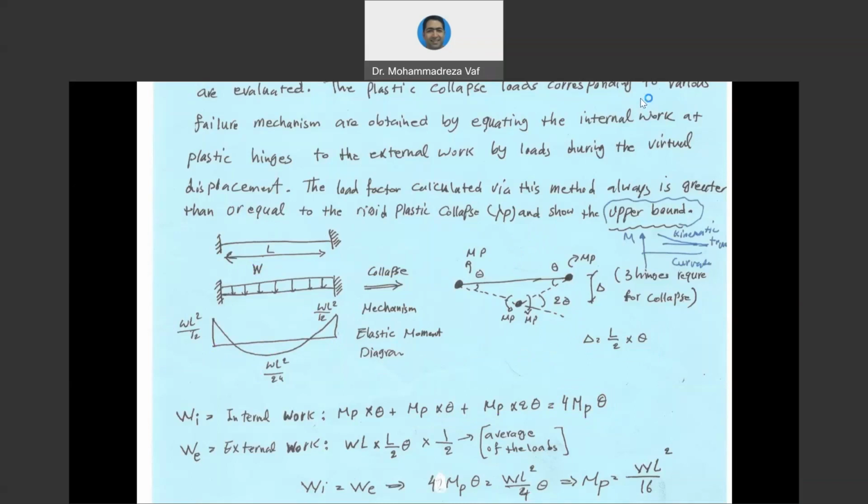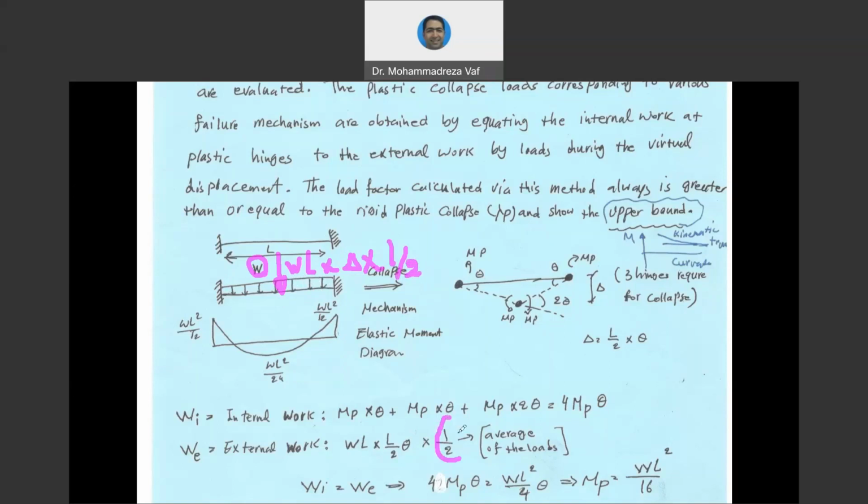So the calculation is similar to the previous example, meaning you multiply W by its length. So that gives us a resultant force. This is WL. And this WL multiplied by delta is basically the work that has been done in the midspan. But since we have force from the beginning until the end, and it's not concentrated here, we multiply this by 1/2, an average, to take into account the fact that the load is not a point load and it is a uniform load.